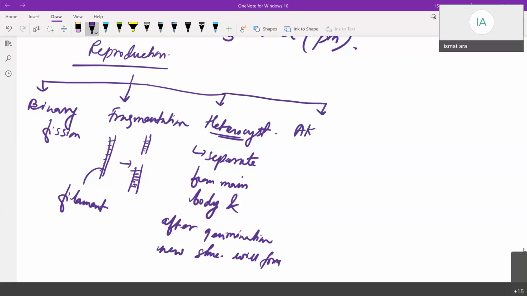Another structure is akinete. Very important, student. What are akinetes, students? Suppose these are the filamentous cyanobacteria. Here they contain reserve food material.